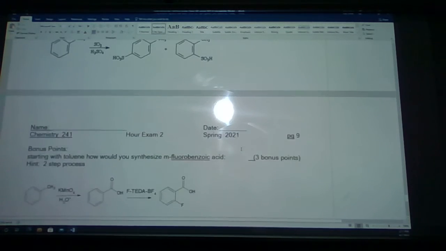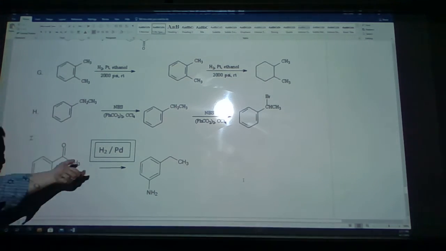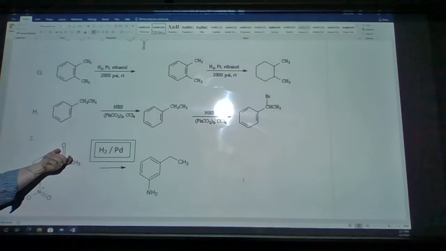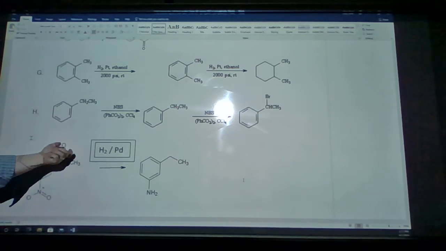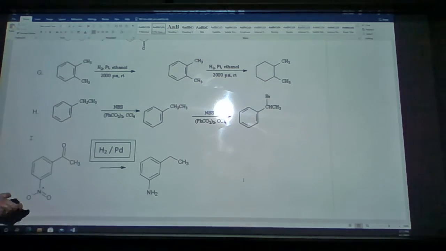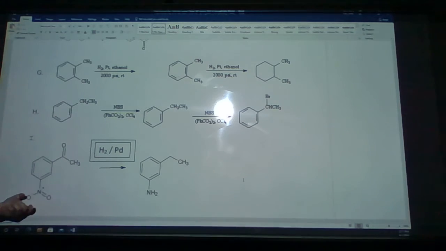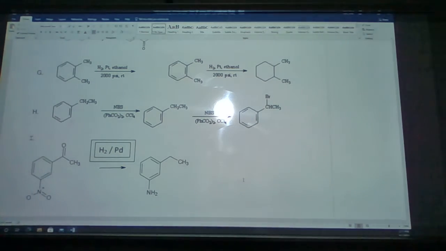I. Hydrogen with palladium reduces down the double bond from the C double bond O to the CH2. However, it also reduces down the nitro group down to the amino group.